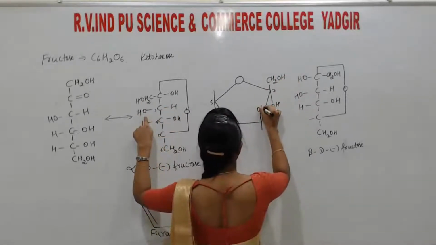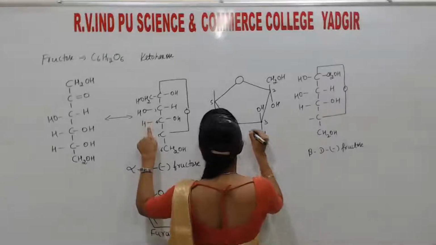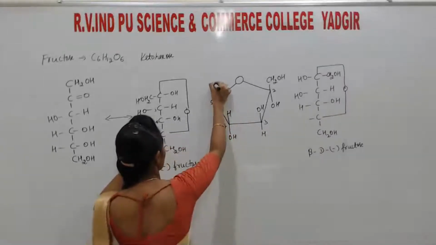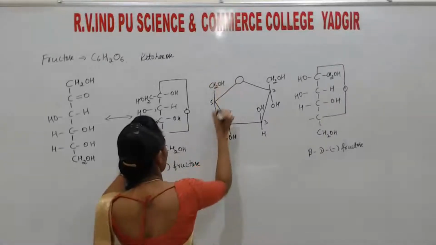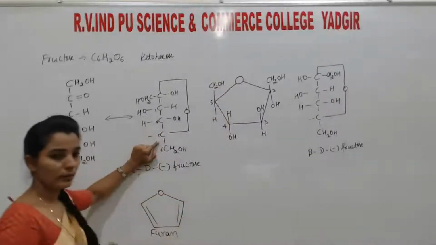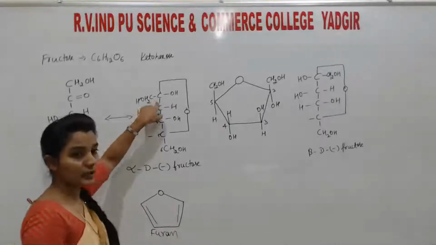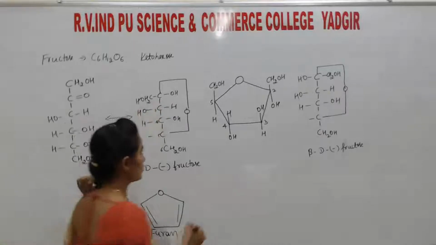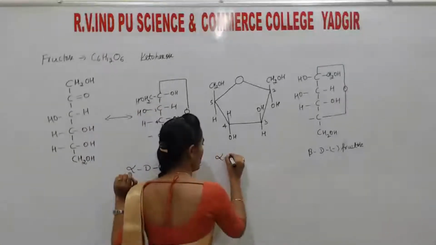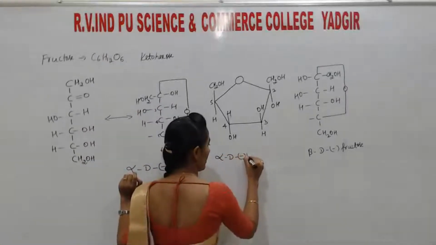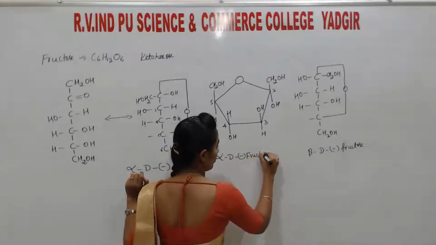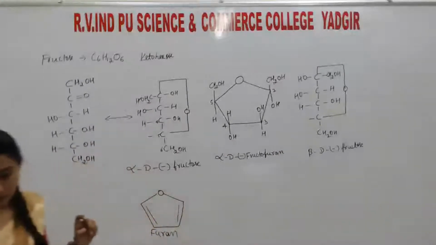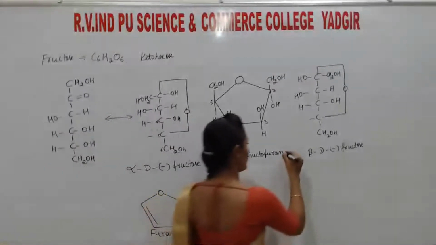Next, OH, H, here H, OH, and this one is CH2OH, H. Only this position decides whether it is alpha or beta. So here students, this is alpha D minus fructofuranose.